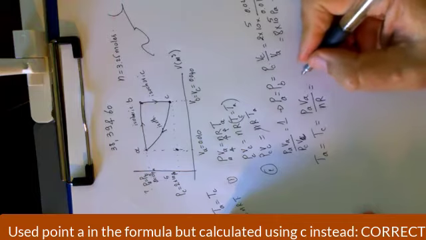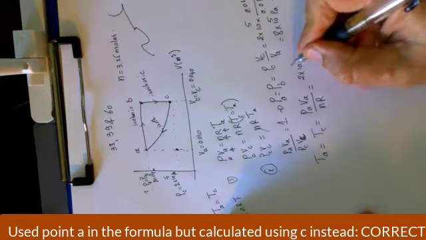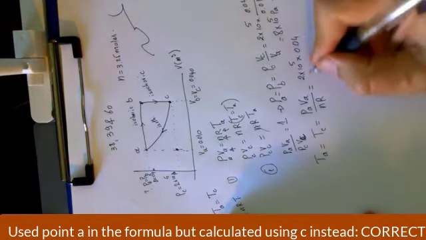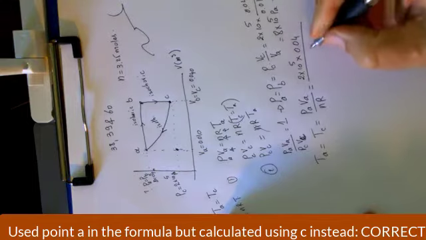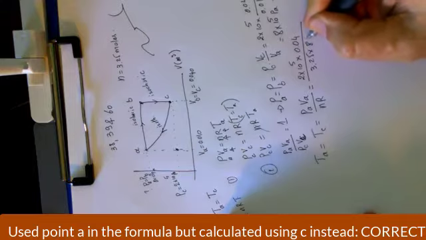So PA, the pressure at point A, is 2 times 10 to the power 5 times the volume, which is 0.04, divided by N, the number of moles, 3.25, times R, which is 8.314.